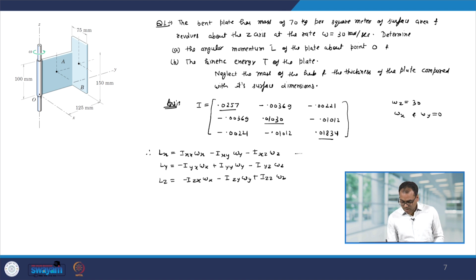So, we can put the values. Lx comes out to be 30 into minus 0.00221, because omega x and omega y are 0, so those terms will not be there. We have only Ixz and omega z, and Ixz is 0.00221.